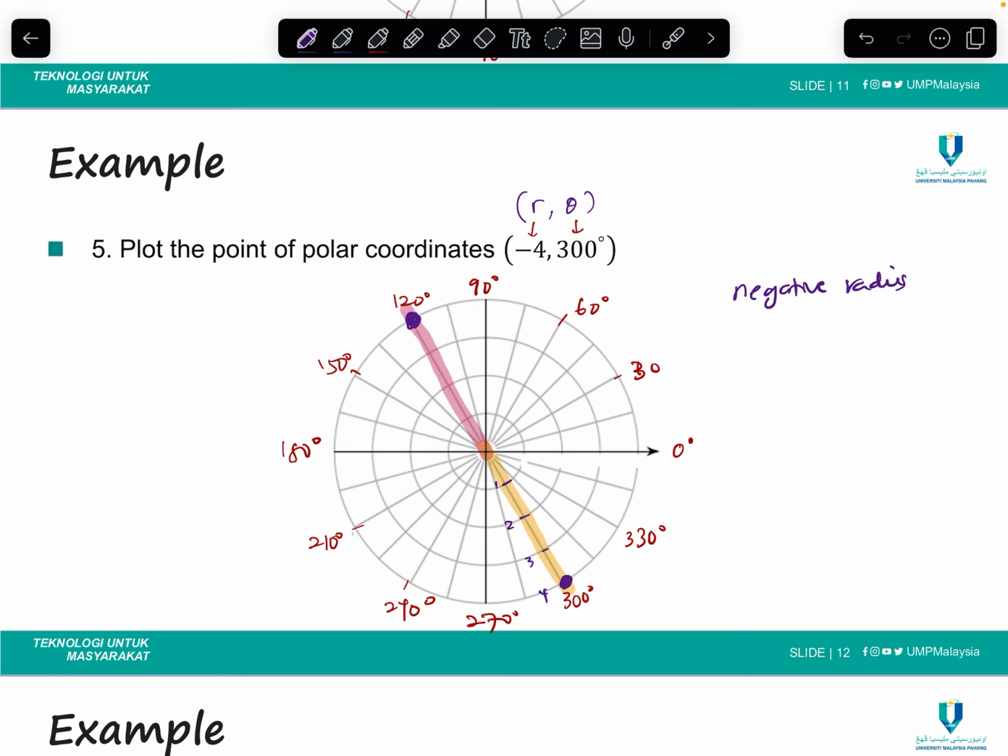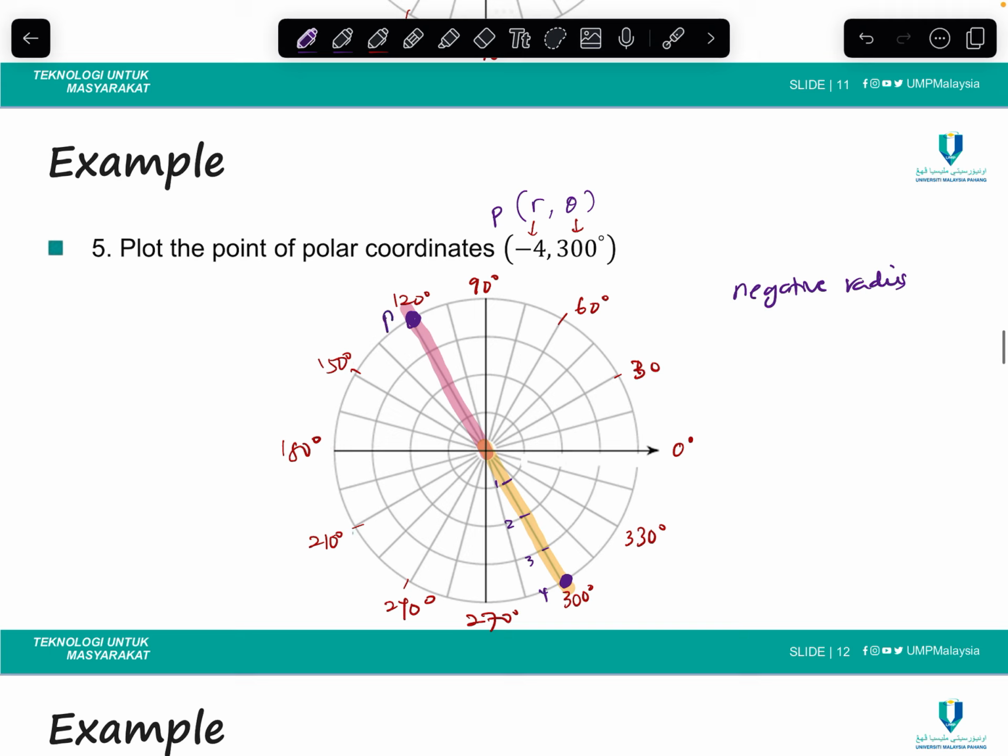If we denote this as P, this is not the final answer. This is just the temporary process. The final answer is here, the final plotting.